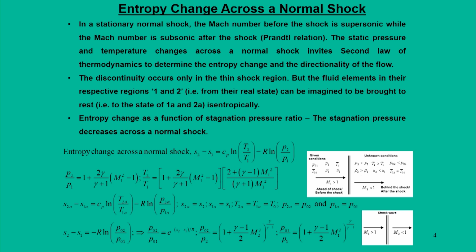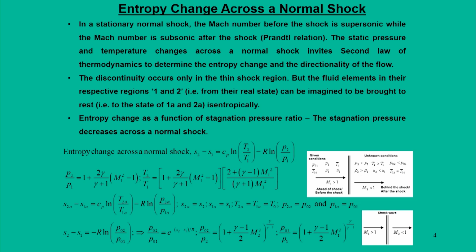Based on the second law, the entropy parameter decides the directionality of a process or spontaneity of a process. One of the fundamental principles, what we call the entropy principle, tells that the entropy of the universe always increases. That is called the increase of entropy principle.